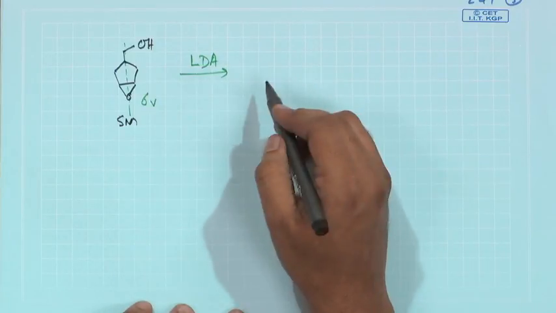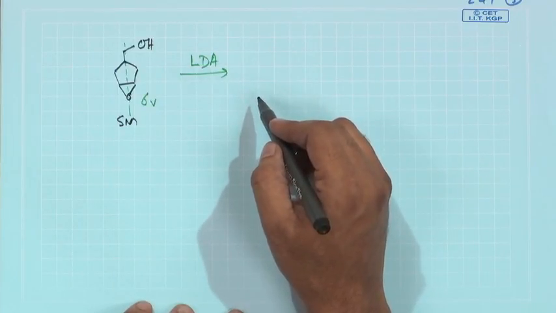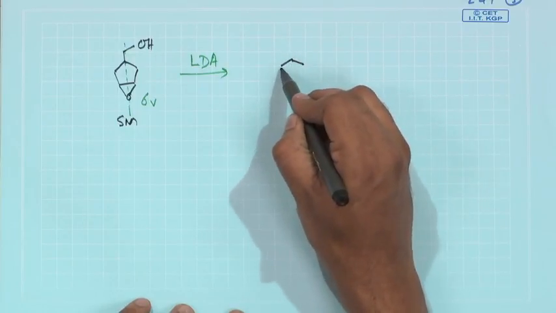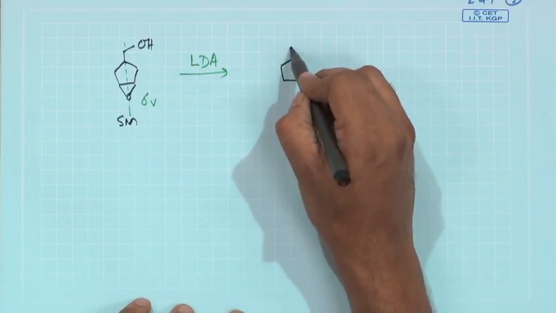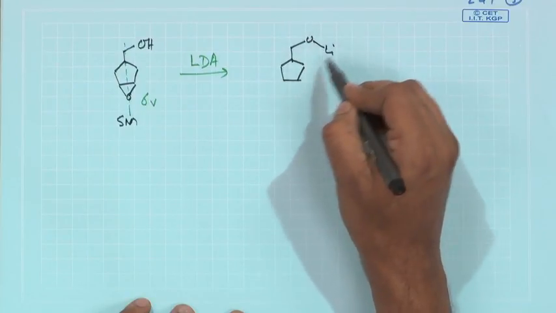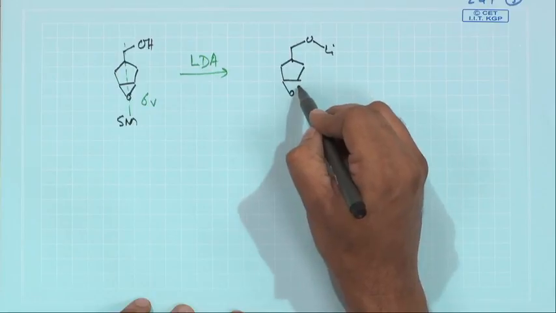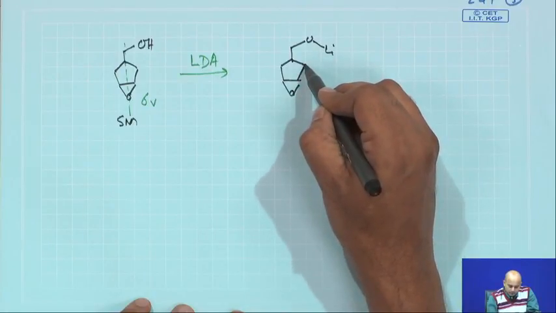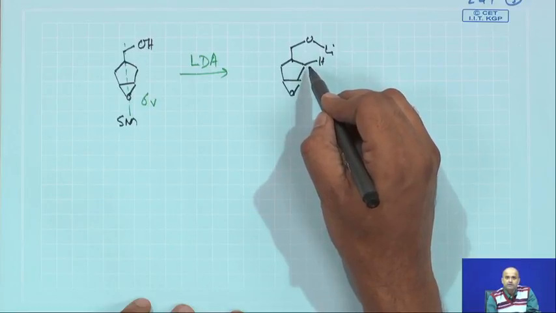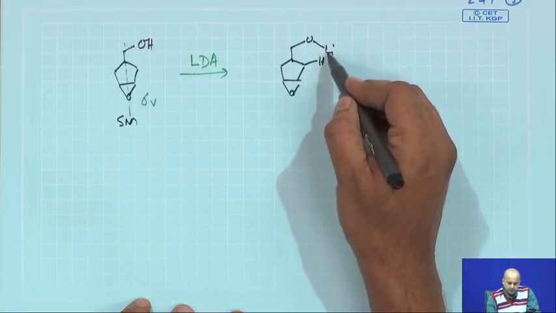LDA in principle is a very strong base, but it is a non-nucleophilic base. Now, if this compound was treated with LDA, it has been found that this oxygen Li, which is coming from this LDA, also picks up this carbon as it is in close proximity.